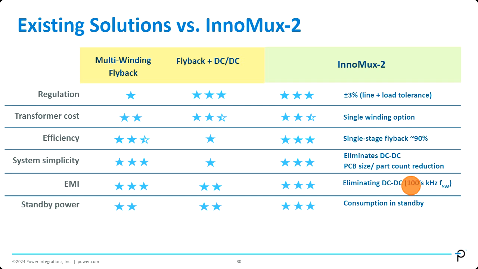So really, it depends on which of these things you care about the most. Regulation, great efficiency, simple system, part count reduction, and possibly a cut in PCB size as well. All of that are the benefits of InnoMux-2. So when you choose your solution, look at these things and see if it benefits you.